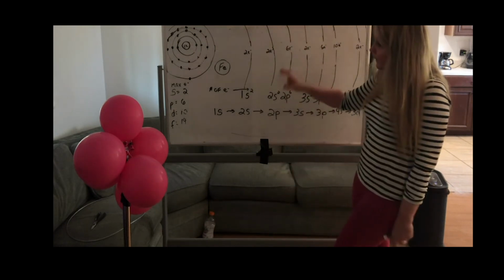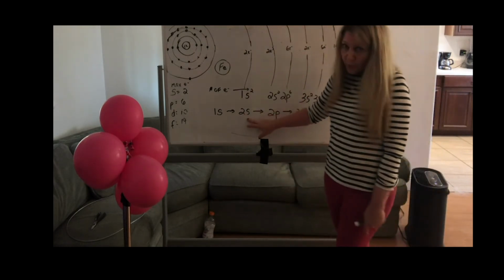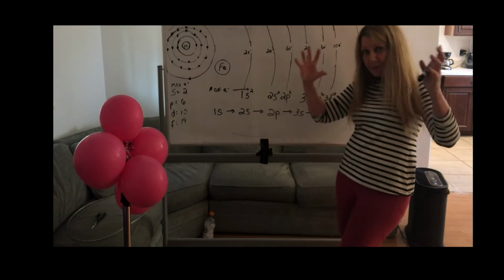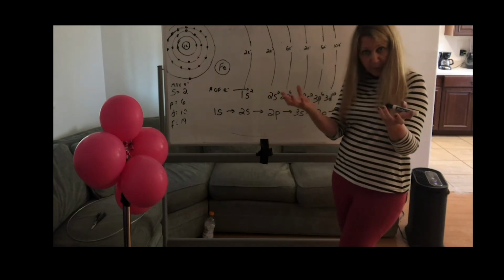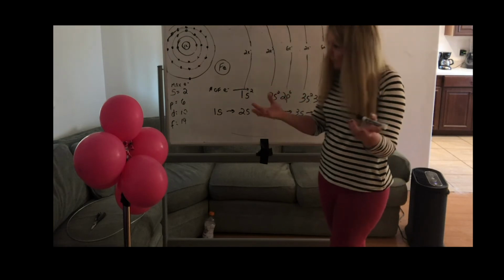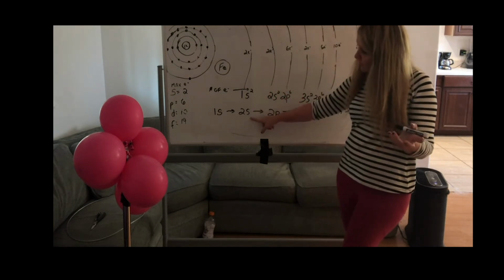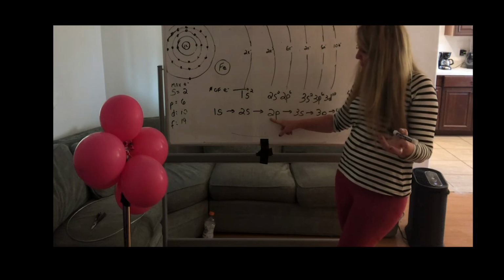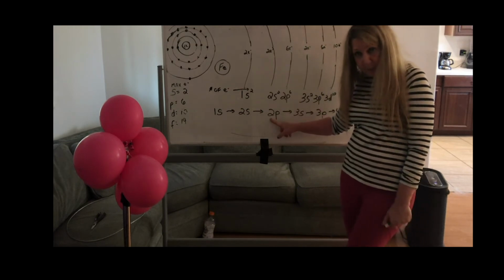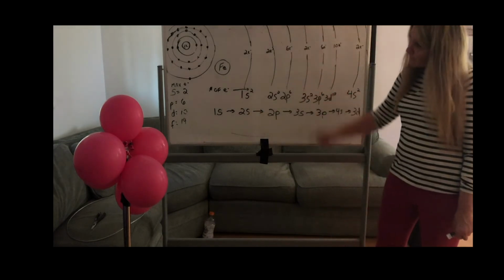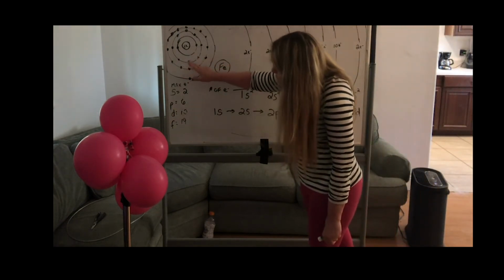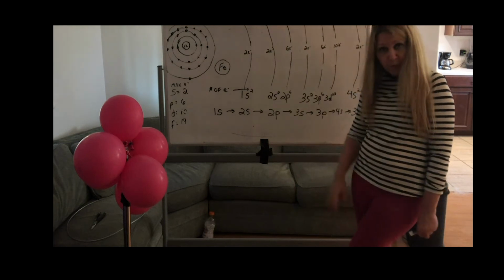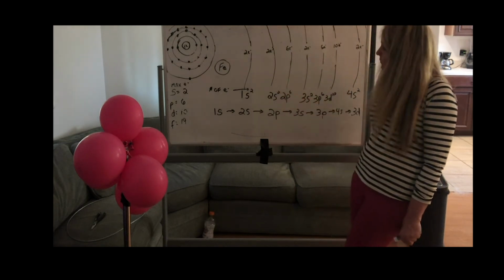The next is 2s. That's going to be the next spherical sublevel, but we're in energy level 2. The third one that we're going to fill up is the 2p sublevel. So energy level 1 and then energy level 2. That's the order it always goes: 1 first, then 2.